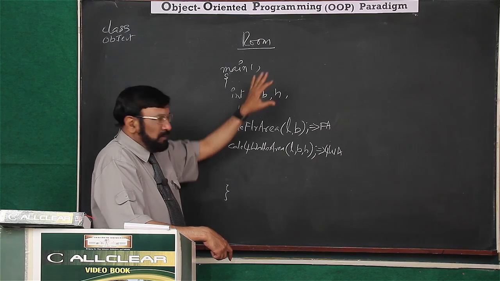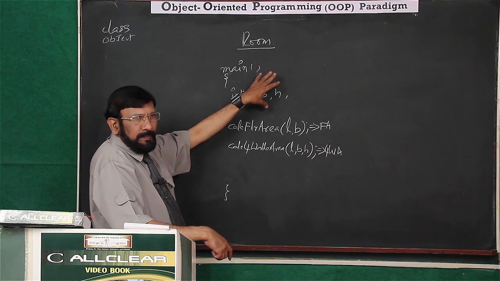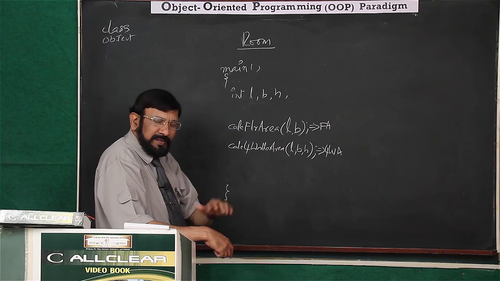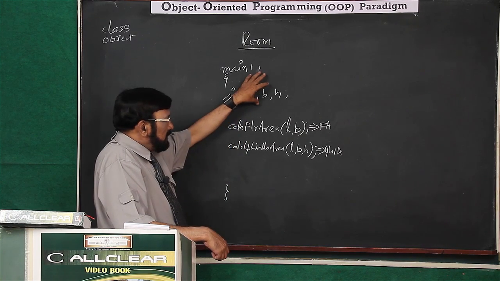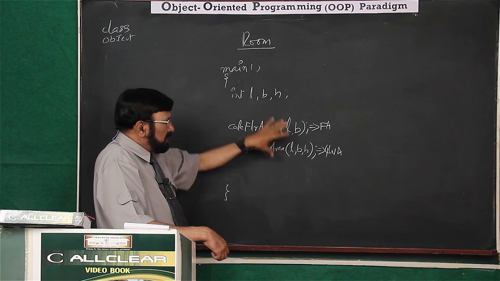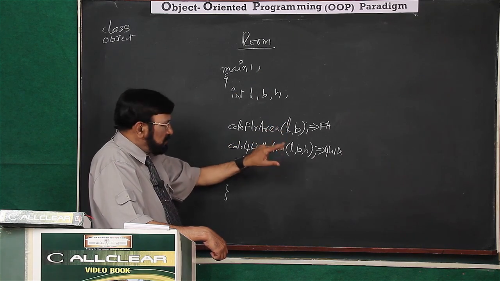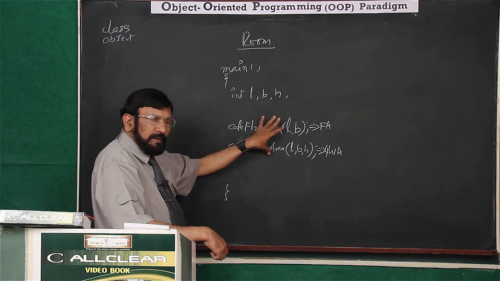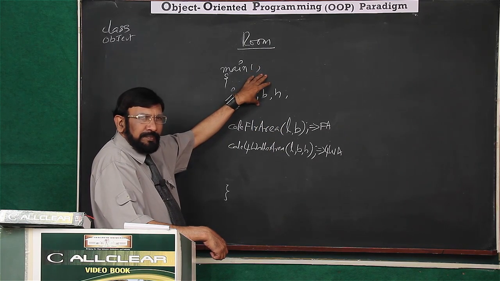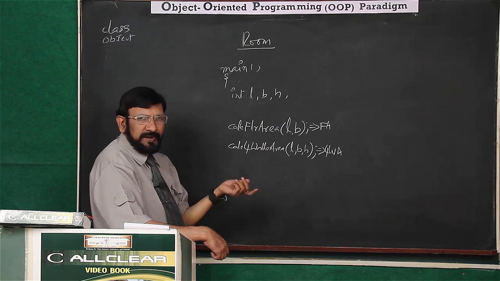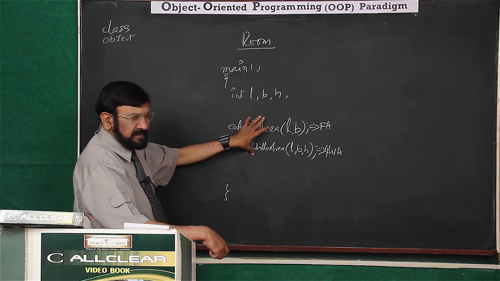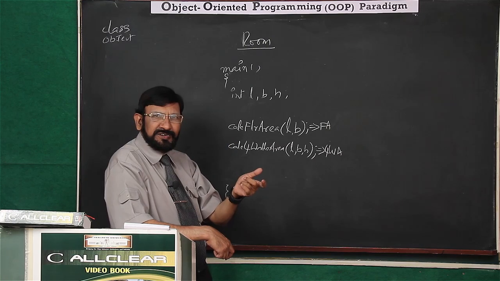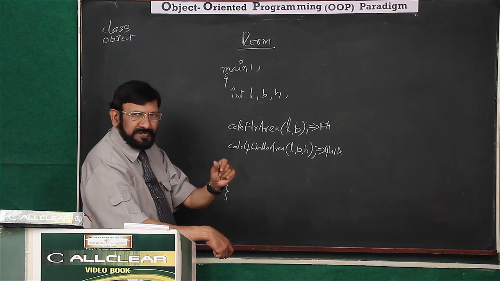Actually, here also, a C program, I already explained the definition. A program is a set of instructions. Instructions you can understand as functions which act upon a set of data in order to achieve a predefined task. Now you see, this is the data, these are the functions. A function is a set of instructions, a block of instructions.